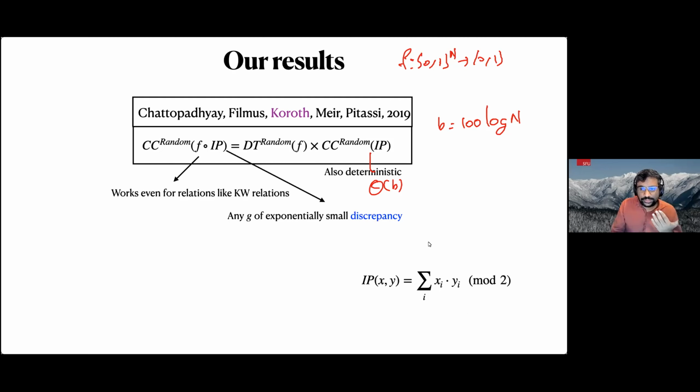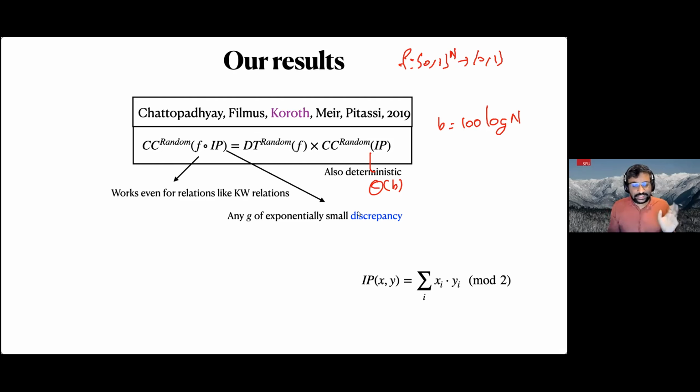But more importantly, our results also work for many more gadgets, which have this combinatorial property called exponentially small discrepancy. I'm not going to define it right now; I'll push it to the technical part.